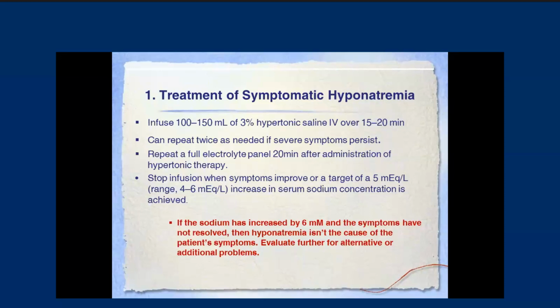So an increment in sodium level of 5 milliequivalent or a maximum of 6 is enough to abate the severe symptoms of hyponatremia. If the symptoms persist, then it's good to further evaluate patients for an alternative or additional diagnosis.